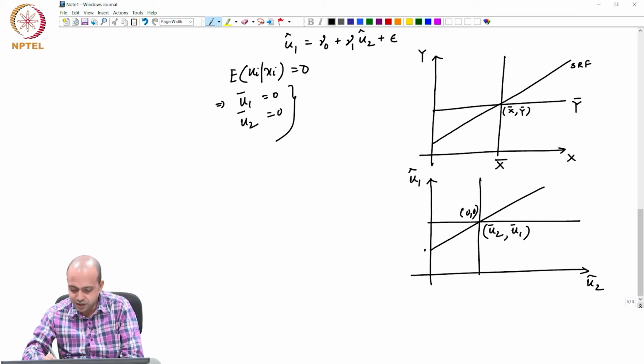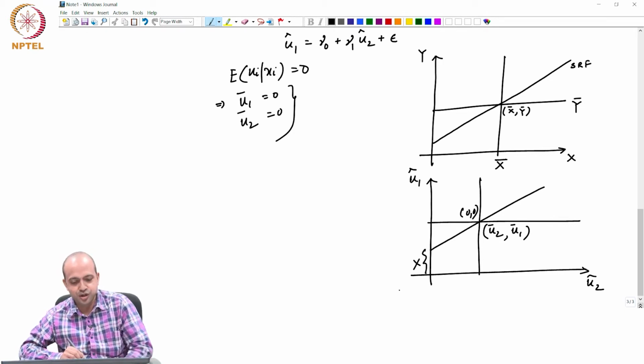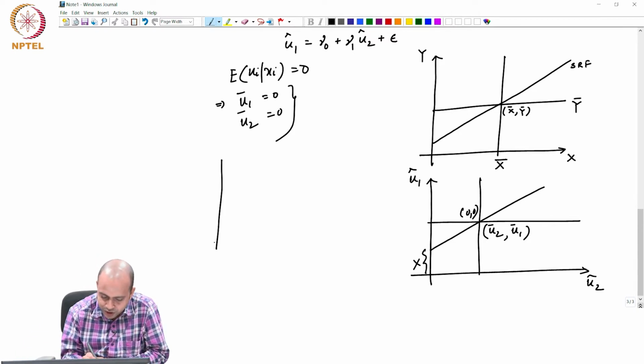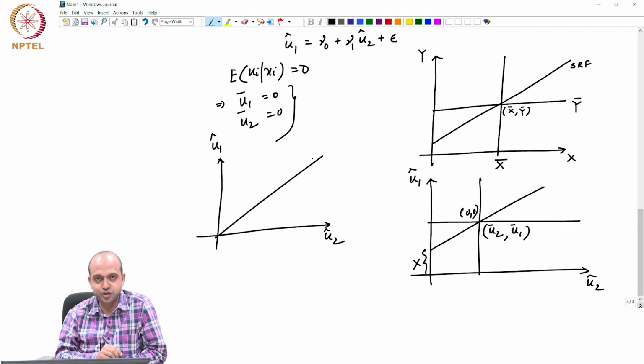So, that means this intercept should not be there in this equation. So, when you are running a regression of u1 hat on u2 hat, that regression must pass through the origin. This point is 0, 0. So, this intercept should not be there. If the intercept is there, that cannot be the coordinate 0, 0.